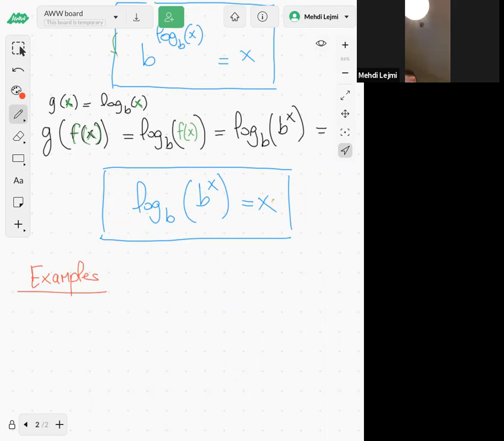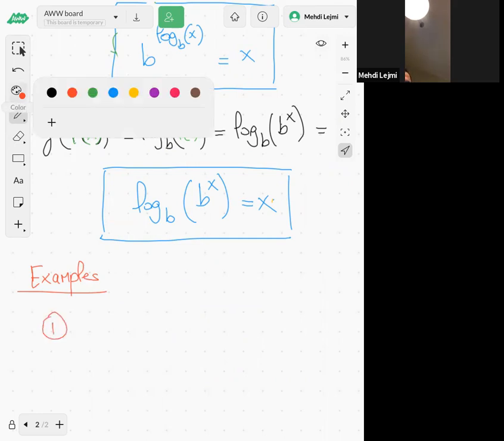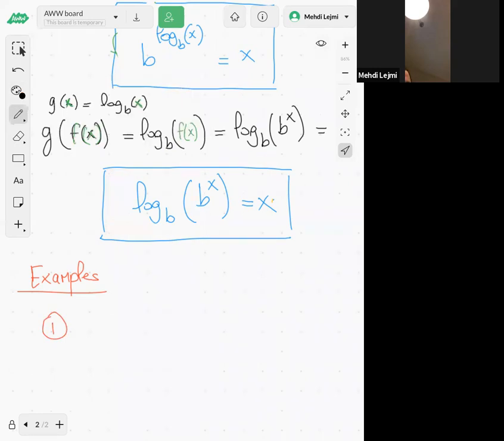Okay, first example. What we are saying is, if you have 2 to the power of log in base 2 of x, then that will be equal to x. You see, when you have 2 here, this is your base, and this is the exponential, and you have your log.